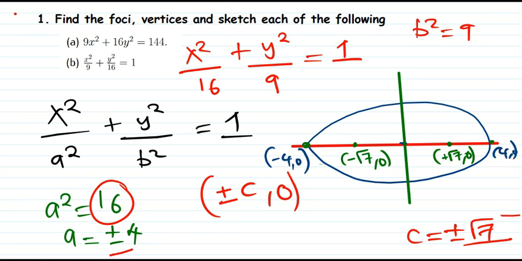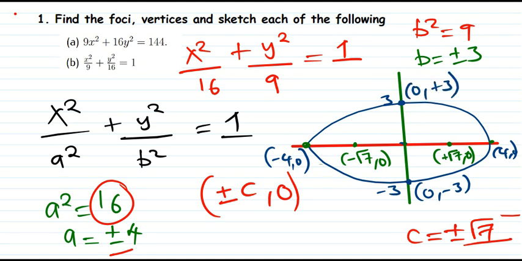Okay, and of course it might interest you that b actually represents the values along the minor axis. So the vertices on the minor axis are going to be positive 3 and negative 3, which actually implies 0 comma negative 3 and then 0 comma positive 3.